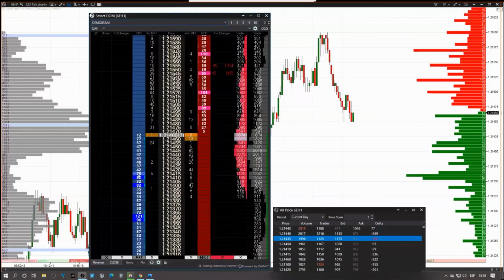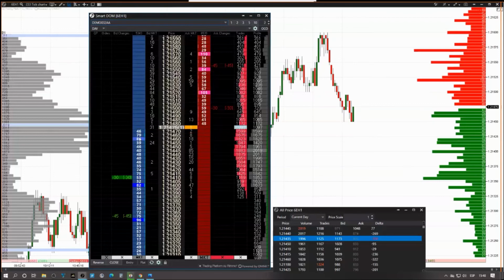Will it move the market up or will it move the market down? What do you think? Think about it for a minute. What will happen if you take all these buying orders and fill them?